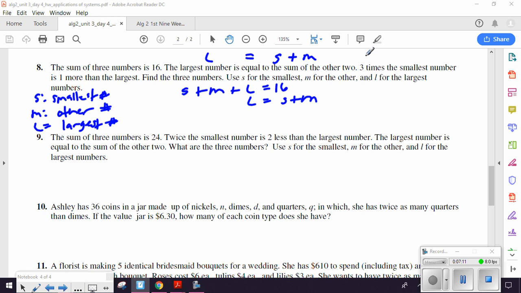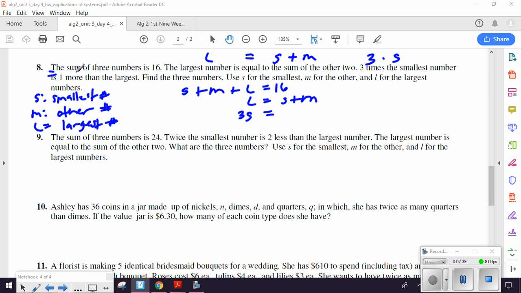Then it says 3 times the small number. So 3 times S, or 3S, is, which means equals, 1 more than the largest.